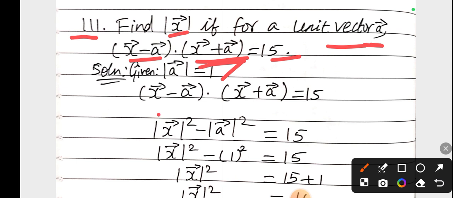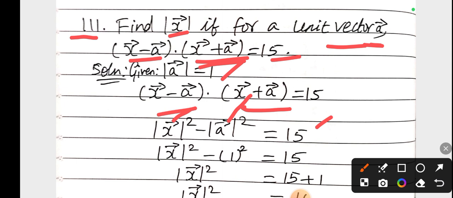Multiply x vector minus a vector dot x vector plus a vector equals 15. What is (a minus b) into (a plus b)? It is a square minus b square. So in that way we apply here: magnitude of x square minus magnitude of a square equals 15.